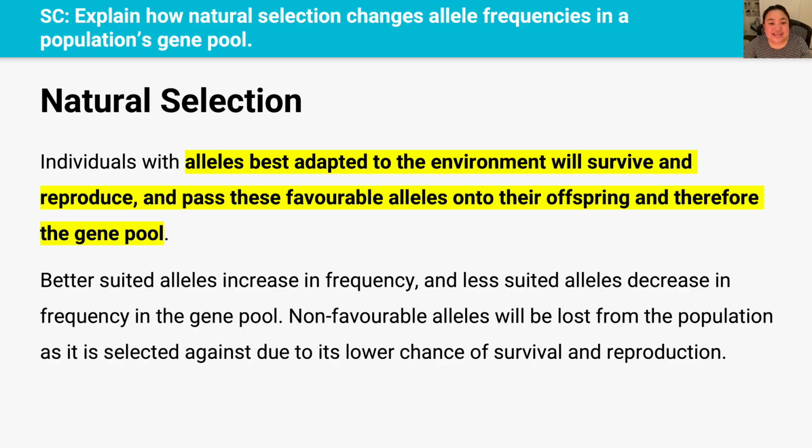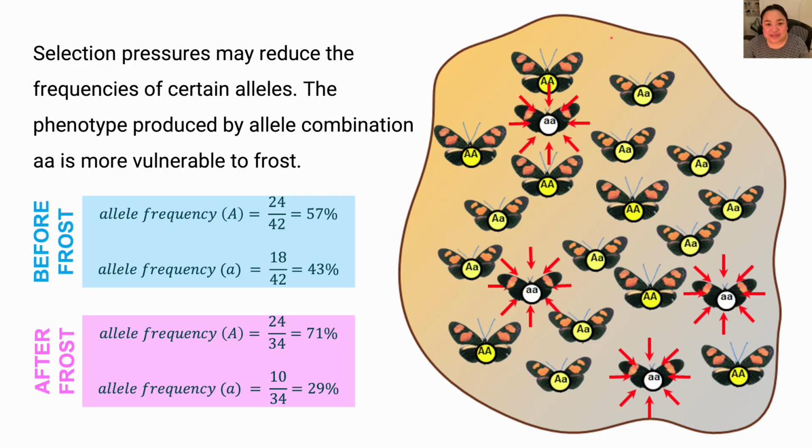Beneficial alleles tend to increase in frequency in the gene pool, while harmful alleles tend to decrease in frequency in the gene pool. Harmful alleles could be entirely lost from the population if it is selected against due to lower chances of survival and reproduction. In this example here, the trait we're focusing on is this moth's ability to tolerate frost conditions.